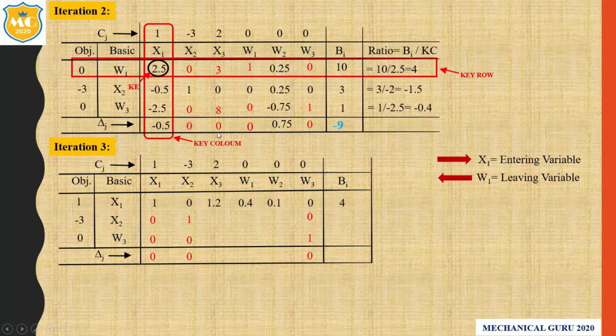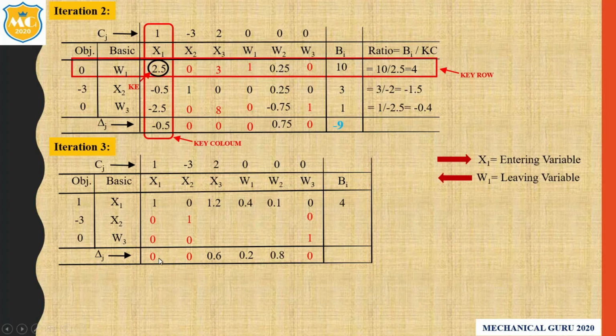So here we will find out this value. Old number is 0 minus corresponding key row 3 into corresponding key column minus 0.5, so minus minus plus, divided by 2.5. So here we get the plus 0.6. Similarly here 0.2 and here 0.8.